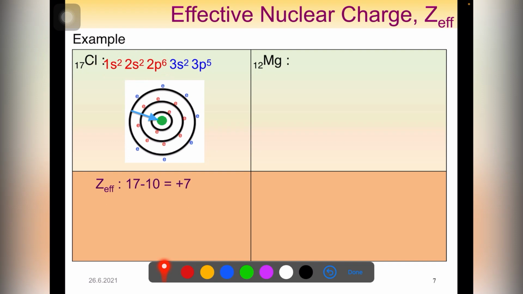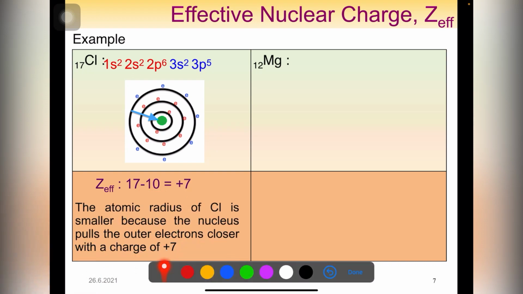There are 6 plus 2 plus 2, 10 inner electrons, and Zeff is positive 7. So the atomic radius of chlorine is smaller because the nucleus pulls the outer electrons closer with a charge of positive 7. It shows that each electron will feel the positive charge of positive 7.